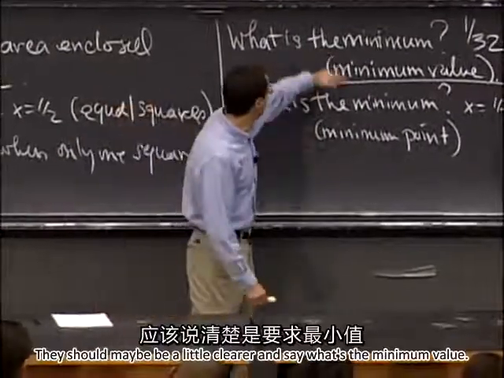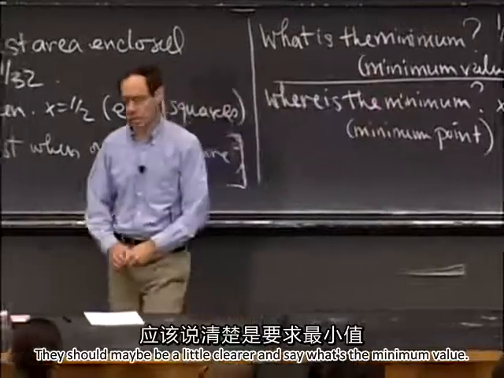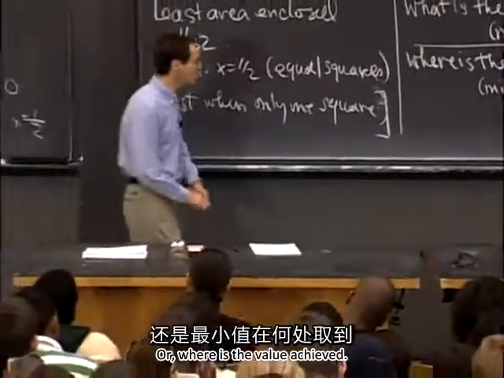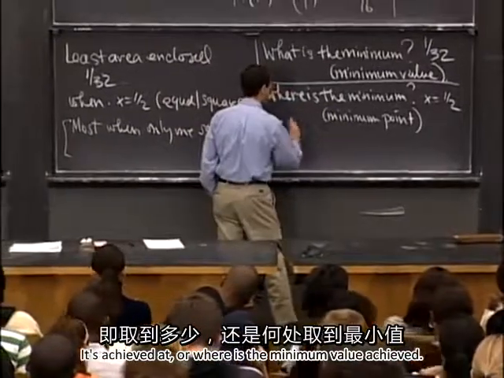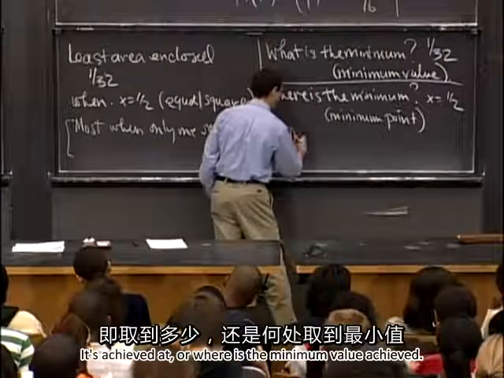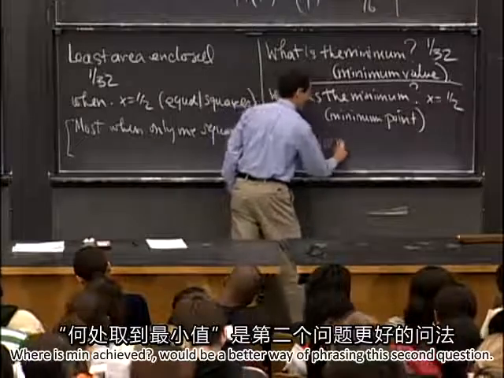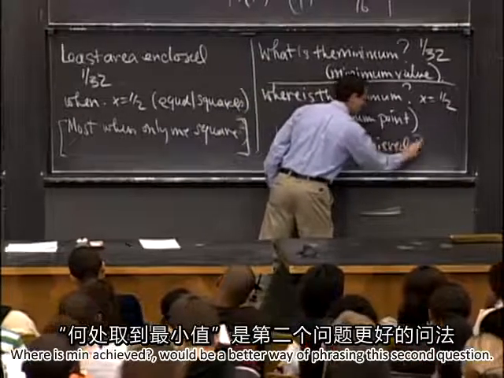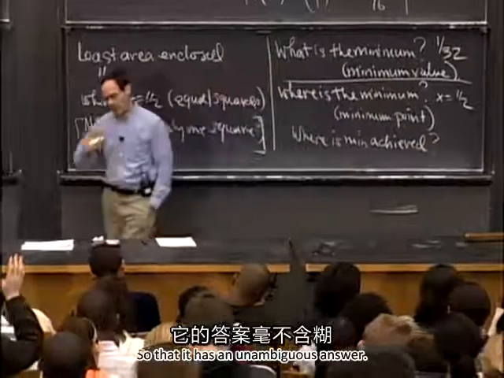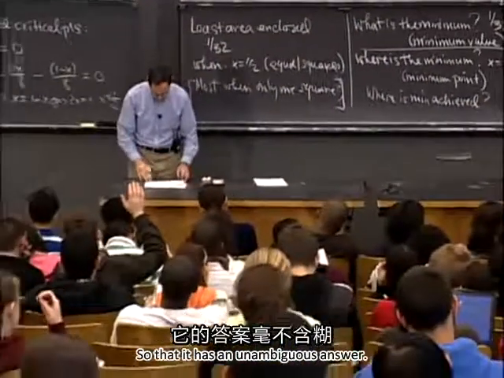When people ask this question, they're being sloppy anyway. They should maybe be a little clearer and say, what's the minimum value? Or where is the value achieved? Where is the minimum value achieved? Where is min achieved would be a better way of phrasing this second question so that it has an unambiguous answer.